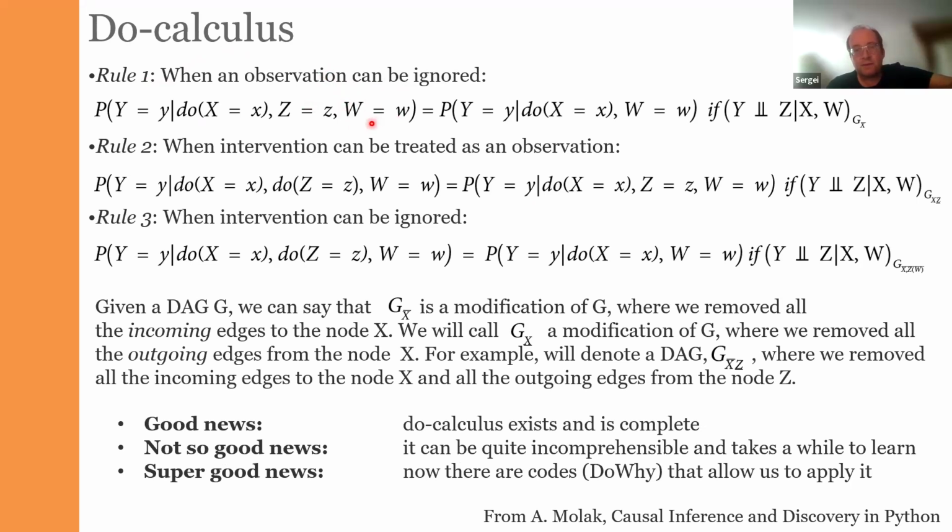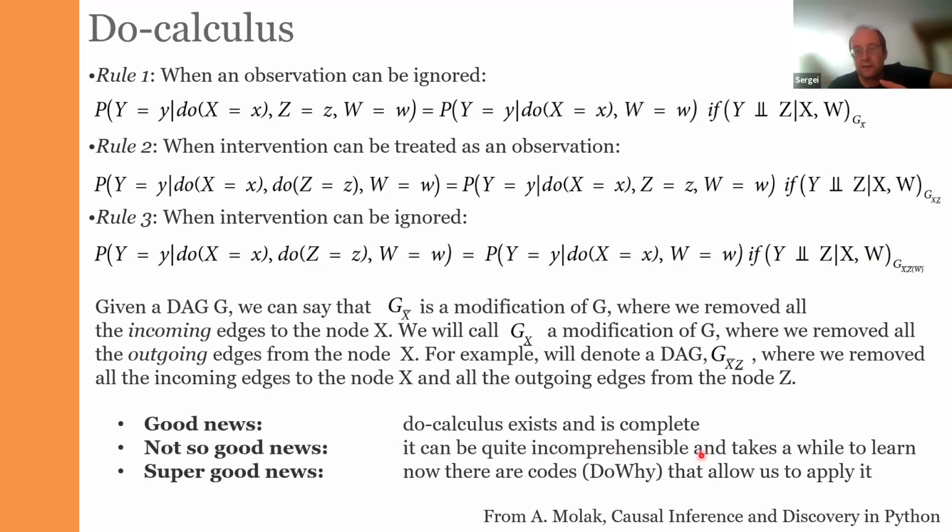It's probably close to impossible to figure out what it means here, because unpacking each of those relationships can take quite a while. So let's not do that, because that's the mathematical notation and all its beauty. But the important thing is that do-calculus exists and it's complete, which basically means that all causal problems have a solution.